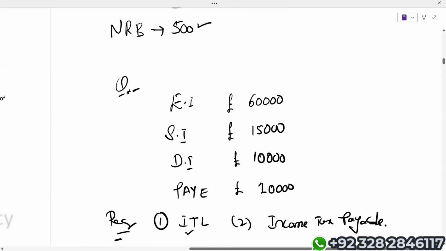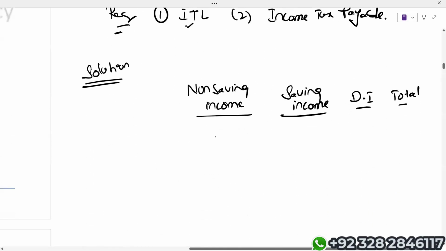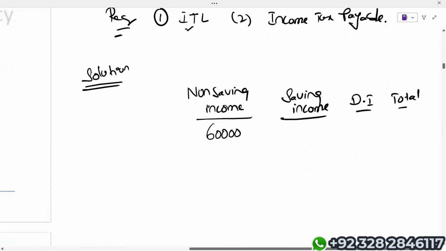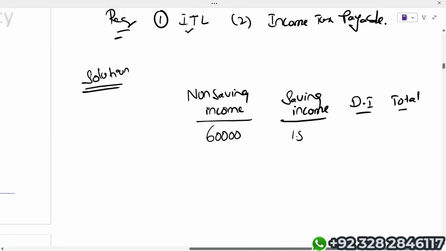Just to save time, I'm directly writing. Employment income is non-saving income, so 60,000. Saving income is 15,000. Dividend income is 10,000. It means we have 85,000 as total income.